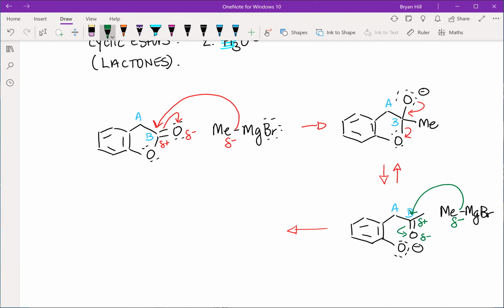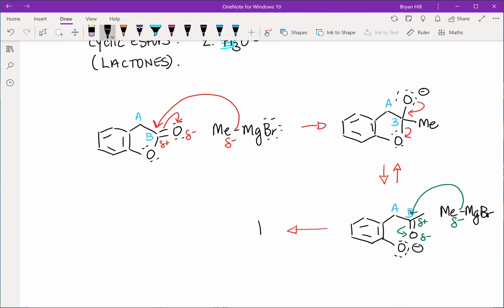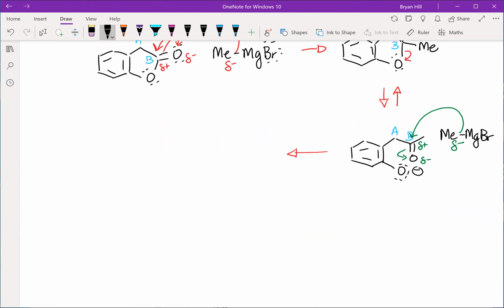Then these electrons will move there, and our product will look like this.